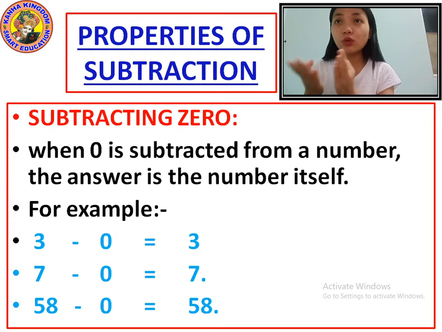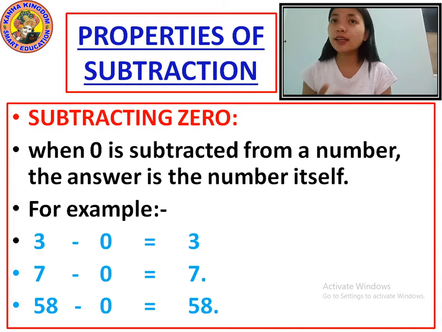That means when 0 is subtracted from a number, we get the number itself as the answer, right?